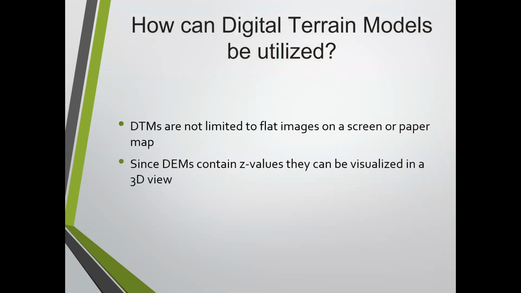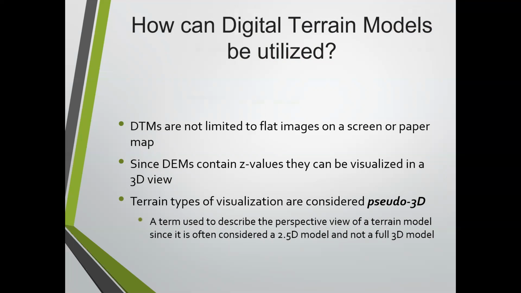So DTMs are not limited to flat images on the screen like paper is. Okay, that's the one cool thing. So since your DEMs contain Z values, that allows you to visualize things in 3D views, which is really the neat thing. And terrain visualization, we consider it pseudo 3D. It's not real, obviously, but it sure looks like that when you go into a different view on it.